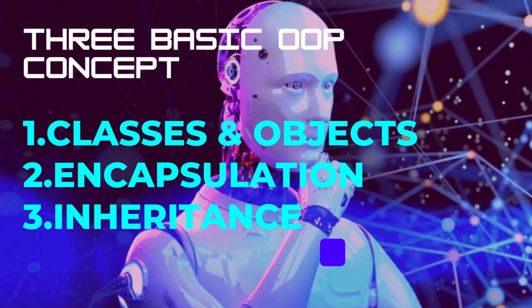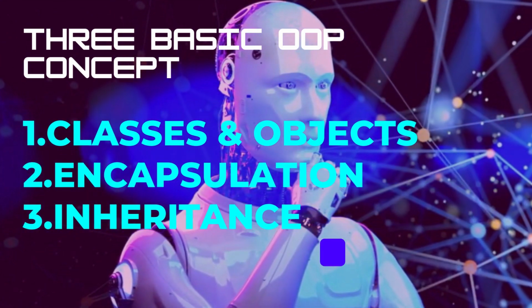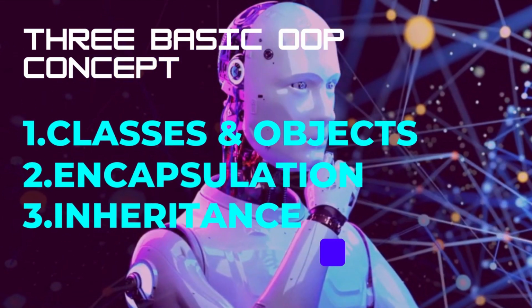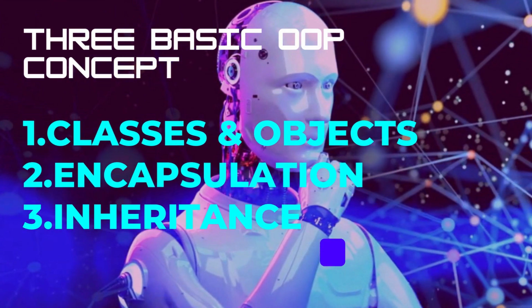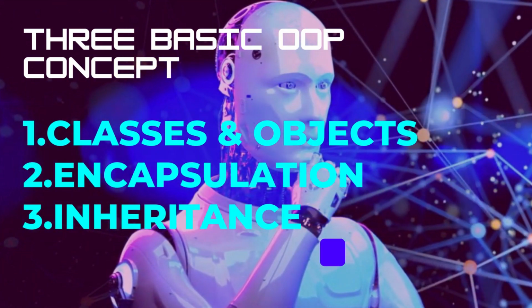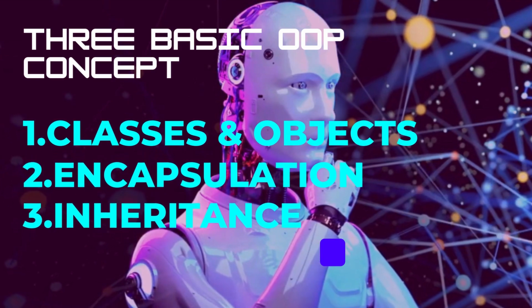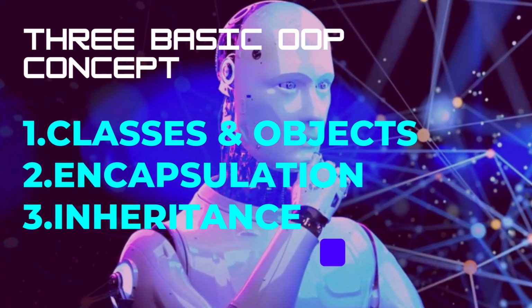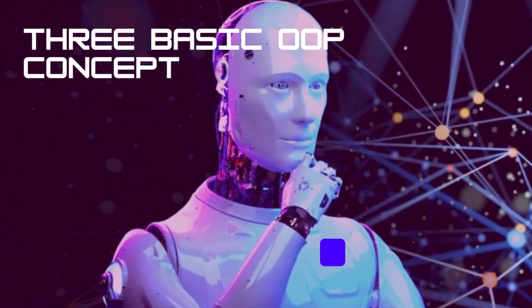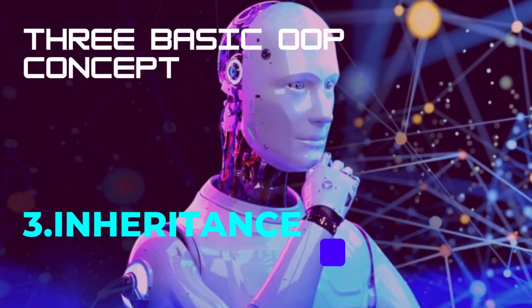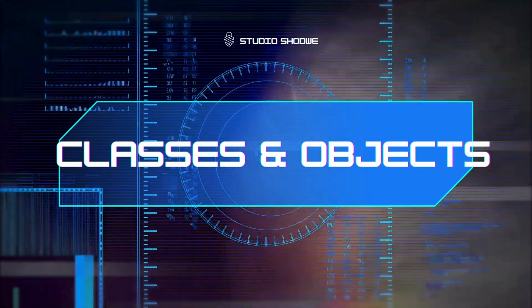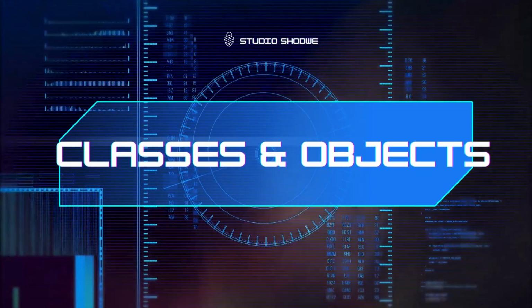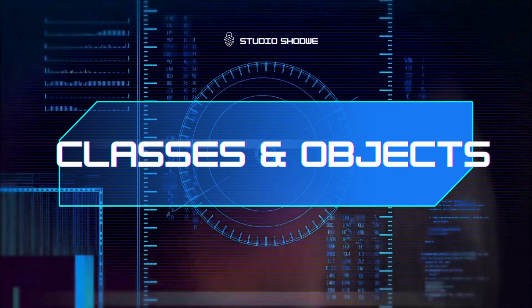That's cleaner and reusable. Now that I have shown you the difference between OOP and procedural, it's time for me to talk about the three OOP concepts, which are classes and objects, which I have already shown in my OOP example, and encapsulation and inheritance.